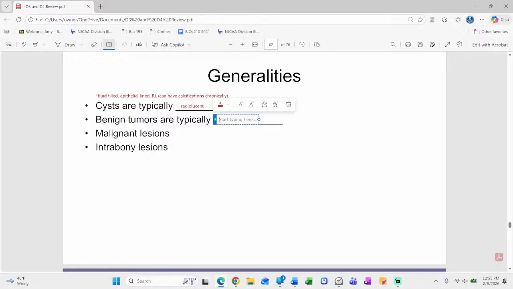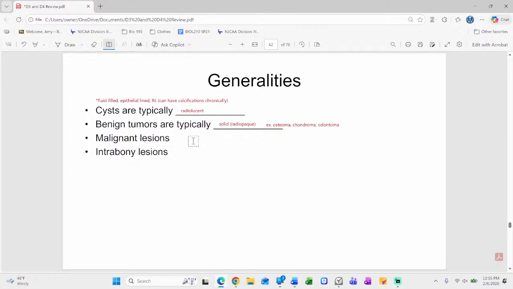A tumor is solid, radiopaque, right? Radiopaque, osteoma, chondroma. Even when we see odontomas, they have tooth parts in them, radiopaque parts inside there, right? But cysts, radiolucent. Malignancy tears through and eats through the bone, right?